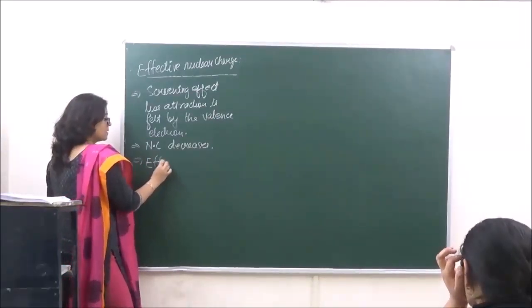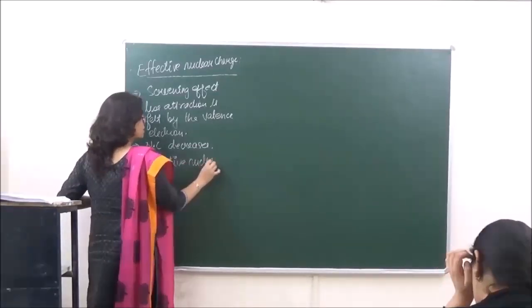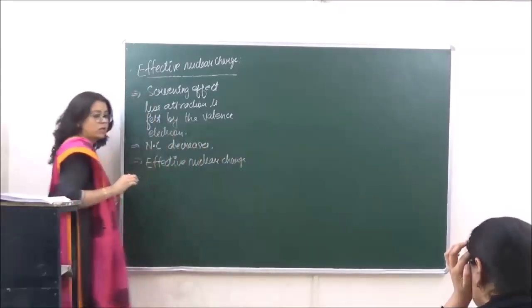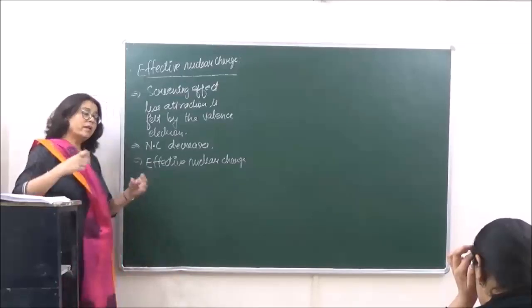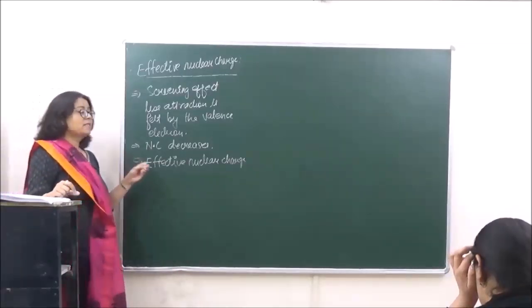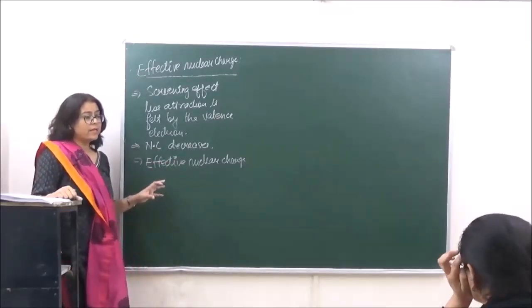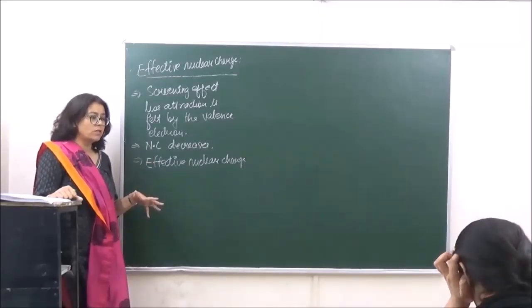This decrease in nuclear charge, or the nuclear charge after the shielding effect, is known as effective nuclear charge. Effective nuclear charge is the real attraction which the valence electron experiences due to the nuclear charge. So effective nuclear charge is always a little lesser than the nuclear charge.